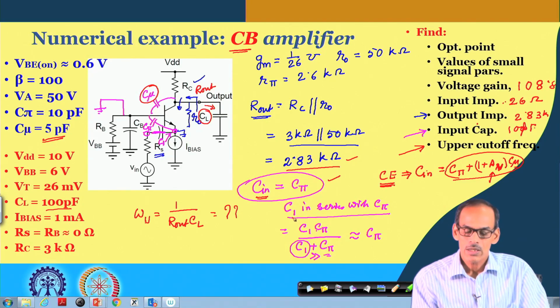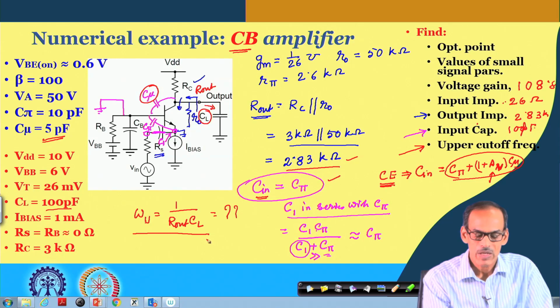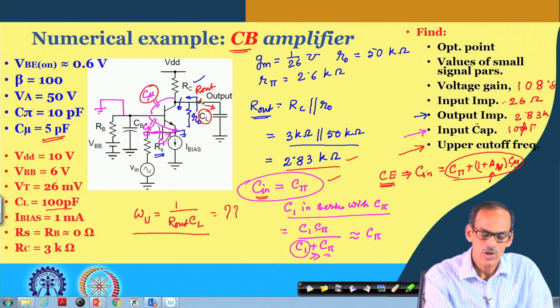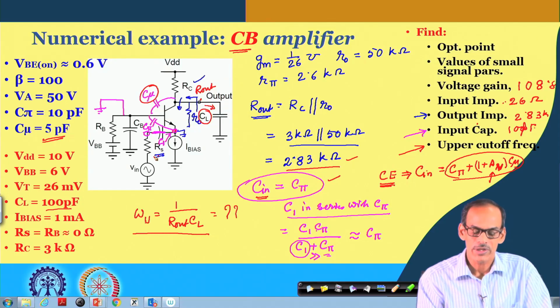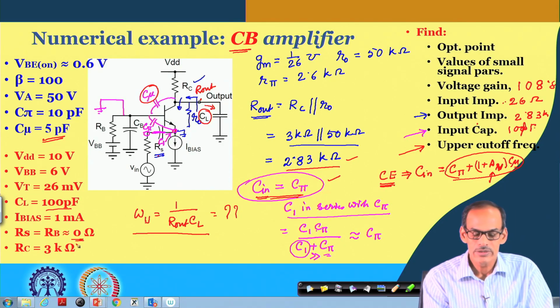And what will be the consequence of that? In case the upper cutoff frequency is not only defined by the output node but also by the input pole, namely if C in and R s define the upper cutoff frequency, then we can see this advantage. In this example, since we are considering R s equal to 0, the effect of C in is not coming in the frequency response.